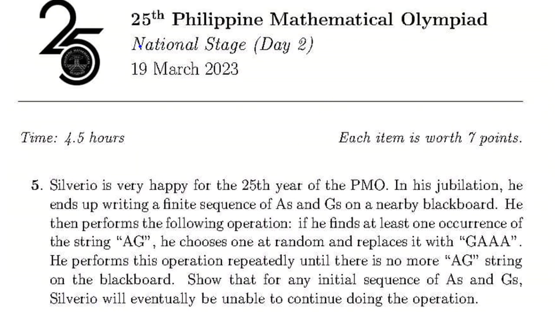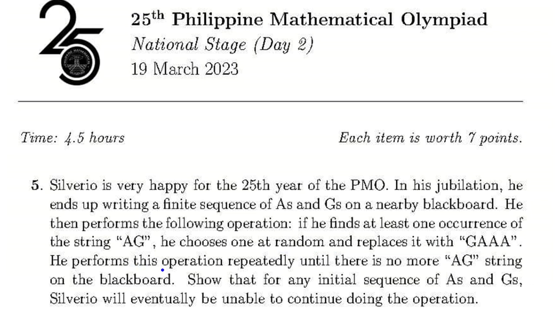Let's read. Sileria is very happy for the 25th year of the PMO. In his jubilation, he ends up writing a finite sequence of A's and G's on a nearby blackboard. He then performs the following operation. If he finds at least one occurrence of the string AG, he chooses one at random and replaces it with GAAA.